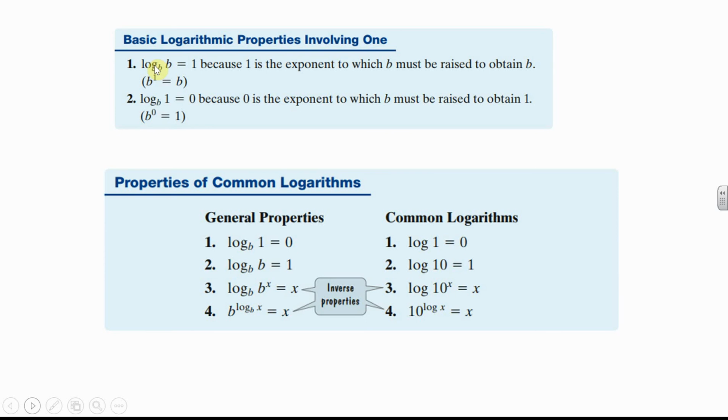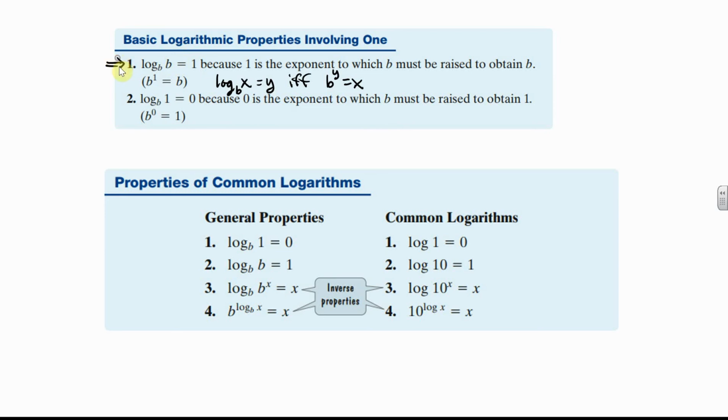If you apply the definition, the definition says that log base b of x is equal to y if and only if b to the y is equal to x. So if that is the case, then I have log base b of b here. This b is representing the x, and this 1 is representing the y.